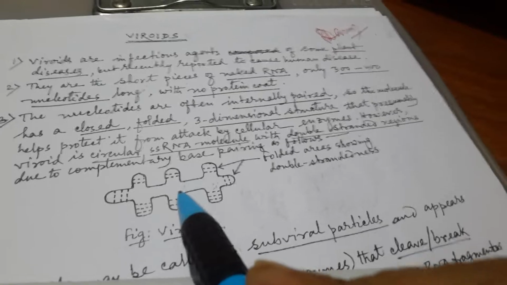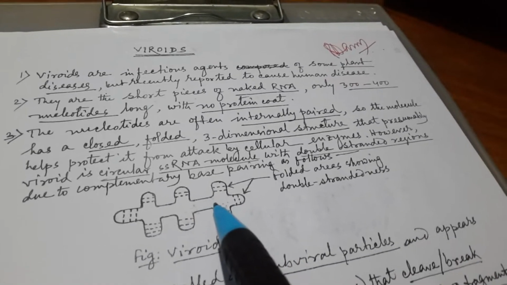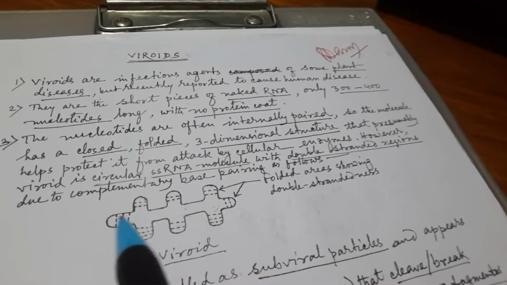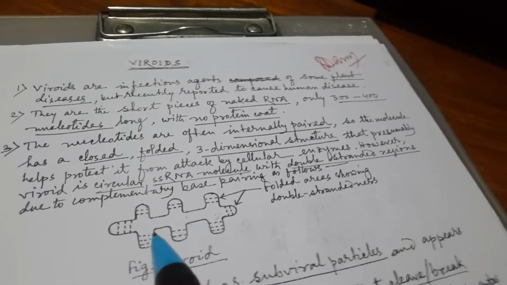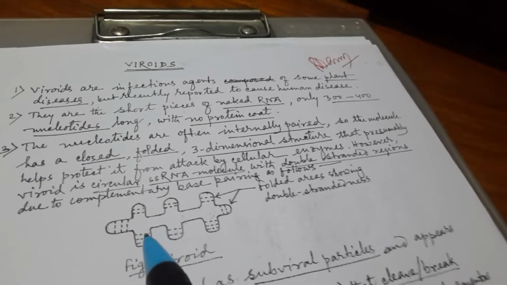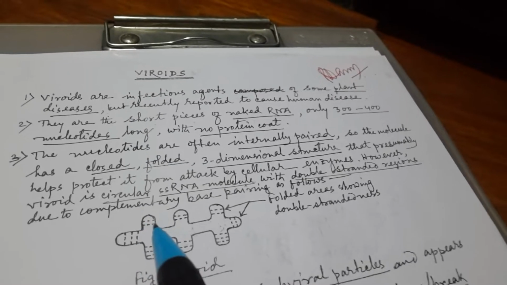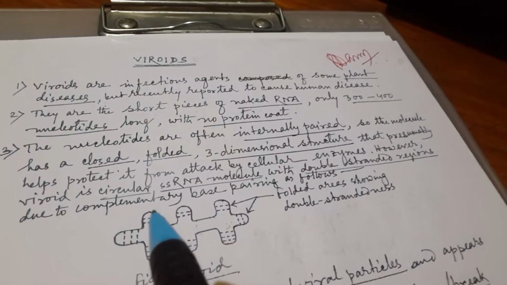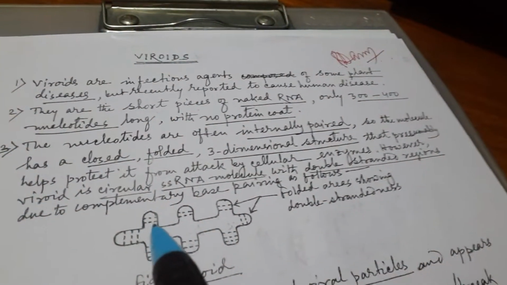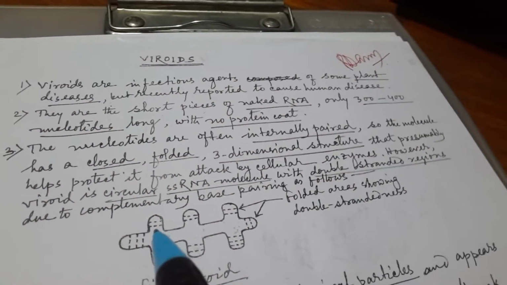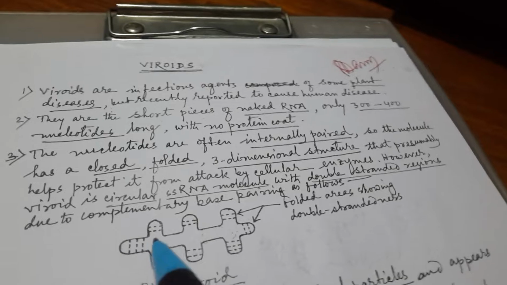So this viroid is a closed structure of RNA, and these places are folded, and where the fold or coil occurs, complementary base pairing occurs. What is complementary base pairing?